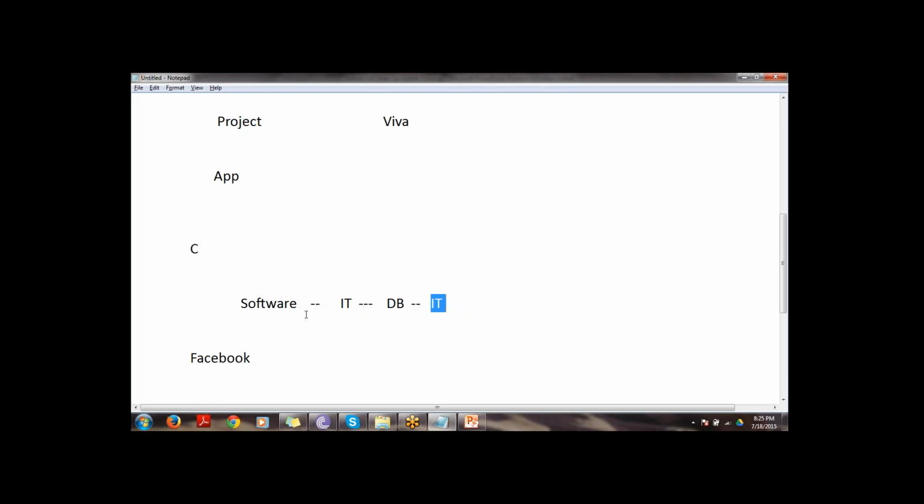Do you think on demand applications are cost effective? Yes, right? Because here you are purchasing only the license. You no need to worry about the database. You no need to pay salaries to the IT team. So remember, on demand applications are cost effective.